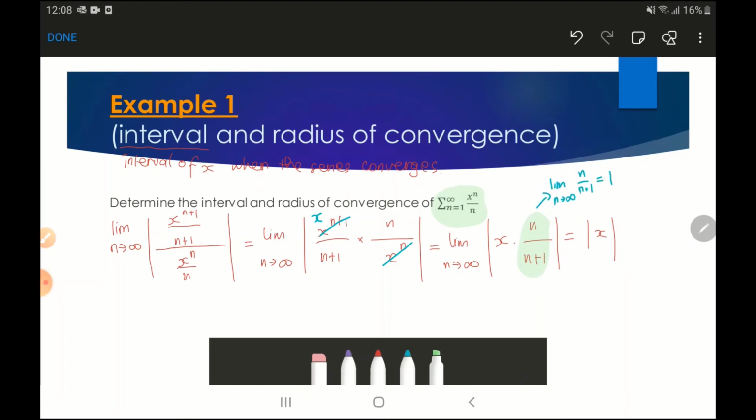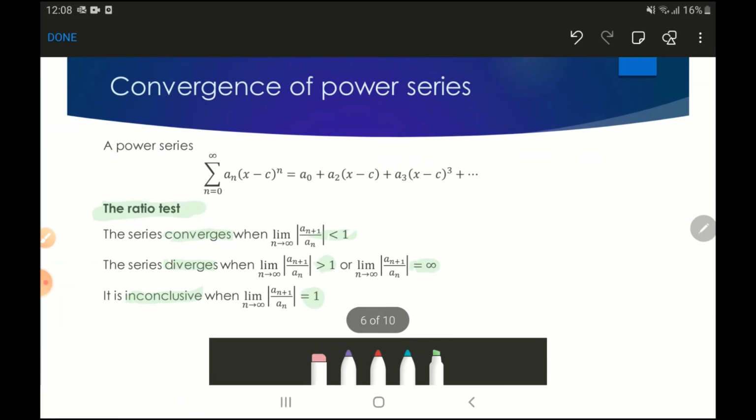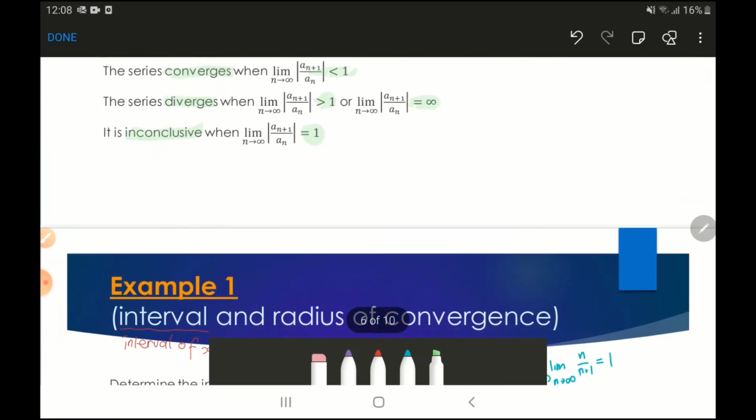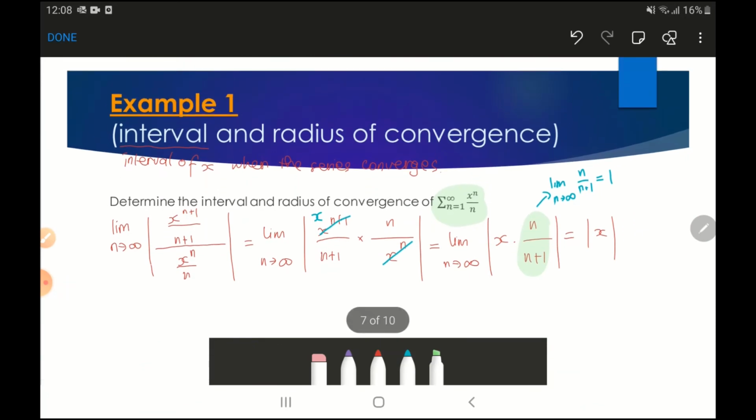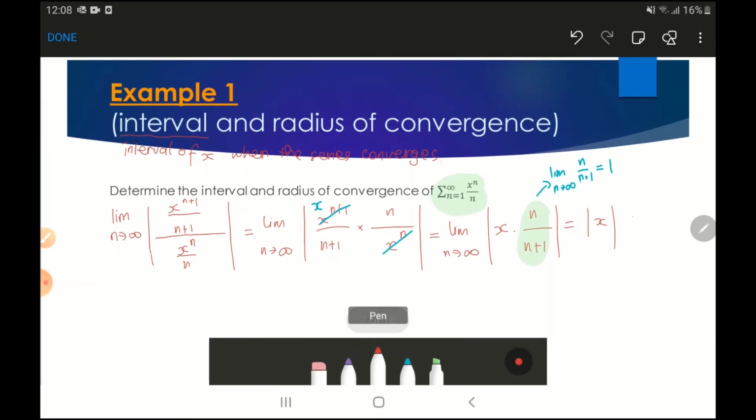So we already know that we want it to be convergent, so we want the ratio to be less than 1. So we want this to be less than 1.